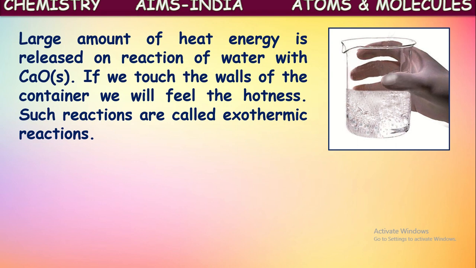In this kind of reactions in which heat energy is evolved along with the products, those reactions are said to be exothermic reactions. The chemical reactions in which heat energy is evolved in the formation of products are called exothermic reactions. So here the formation of slaked lime from calcium oxide and water is an exothermic reaction because heat energy is evolved.